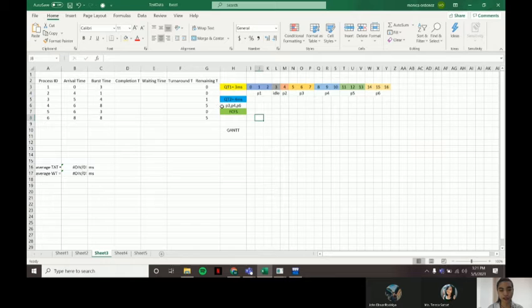So here you will see the processes that have a remaining time.